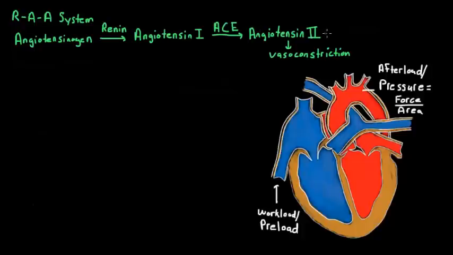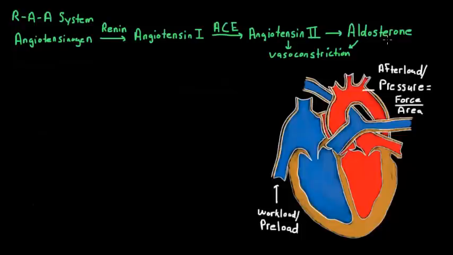So angiotensin 2 goes on further to the kidneys, to the adrenal glands, and produces aldosterone, or rather it encourages the production of aldosterone, which itself also promotes vasoconstriction. So again, it decreases the area of the blood vessels, which raises pressure.